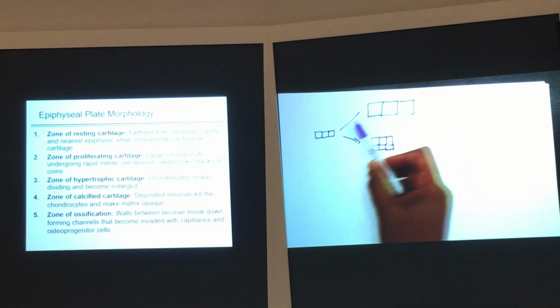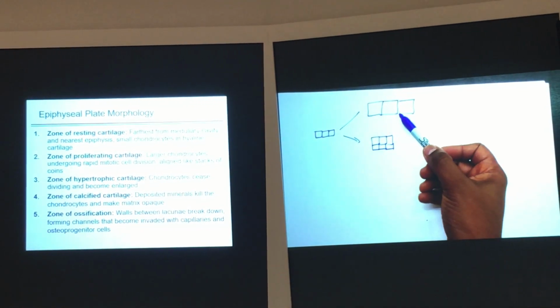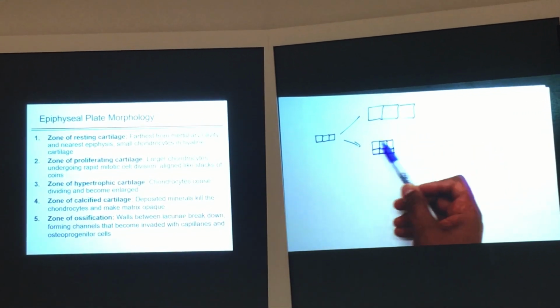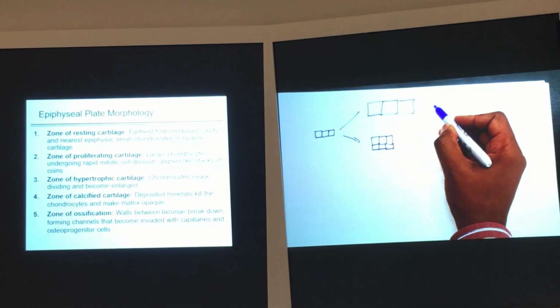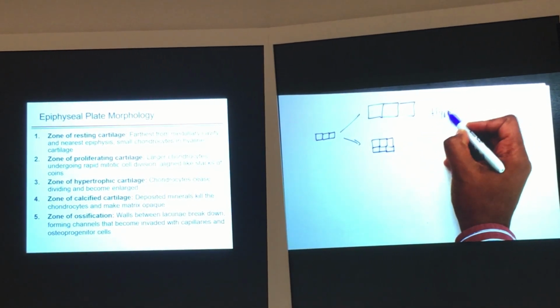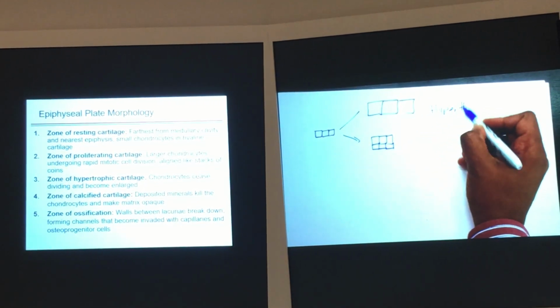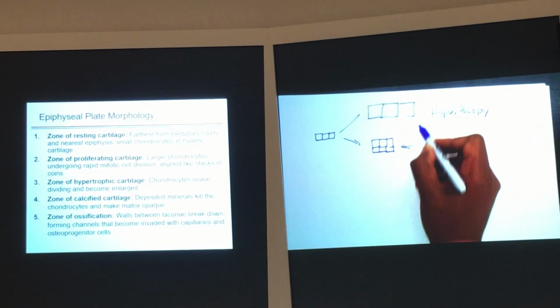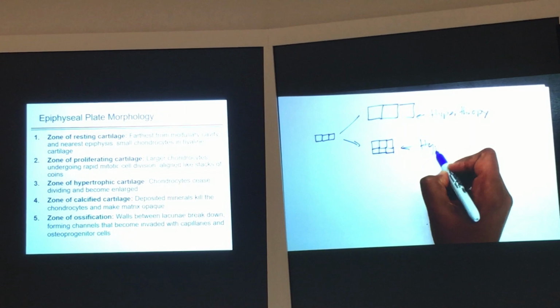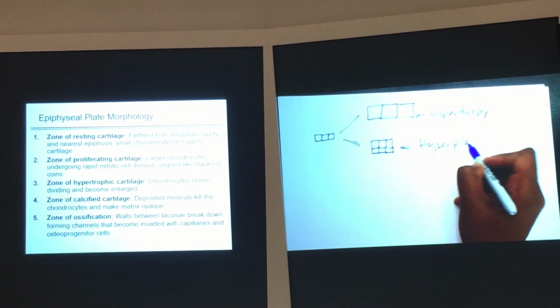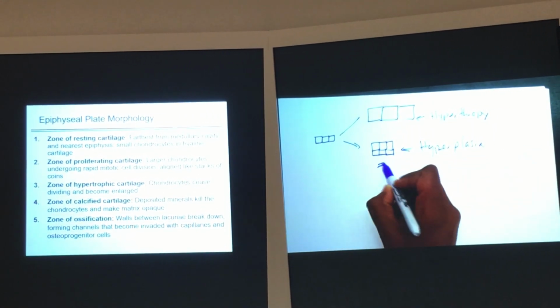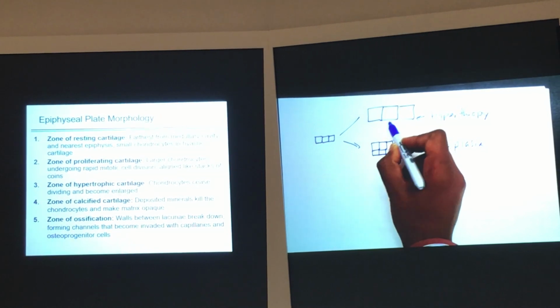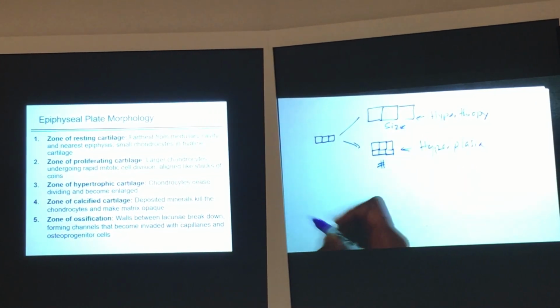In this case, the number is the same, but it got bigger. Here, the number increased. So this is what's called hypertrophy. This is called hyperplasia. That means the number increased, size increased.